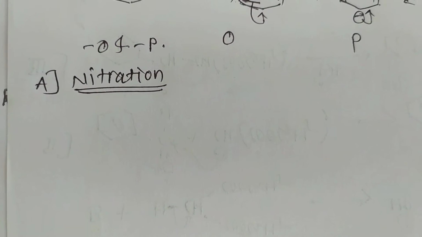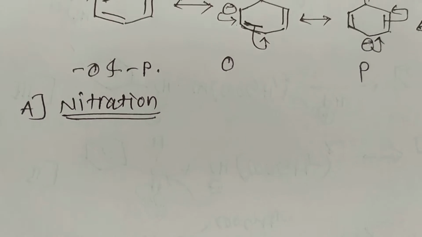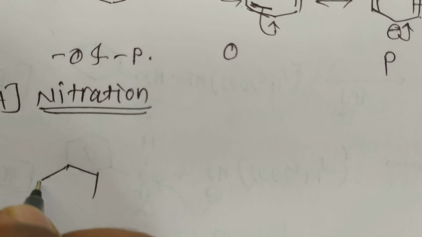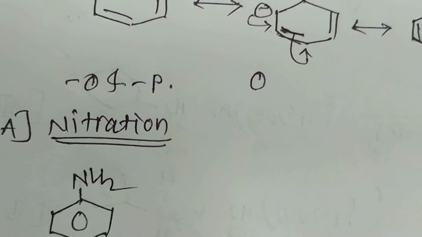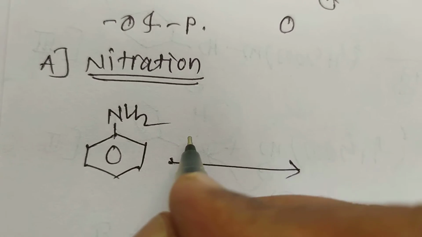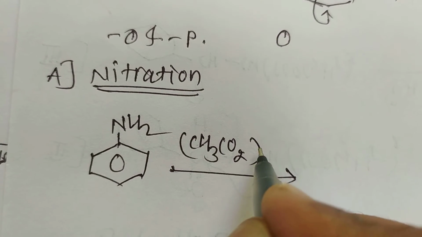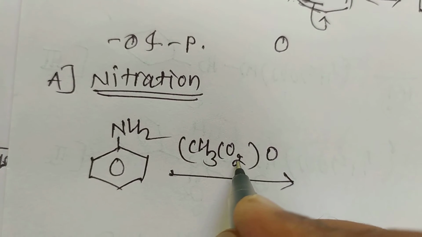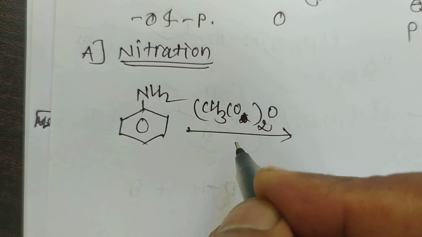Means here, when this aniline is reacted with (CH3CO)2O, this is an acid anhydride.